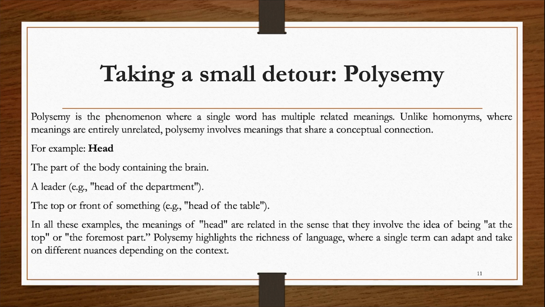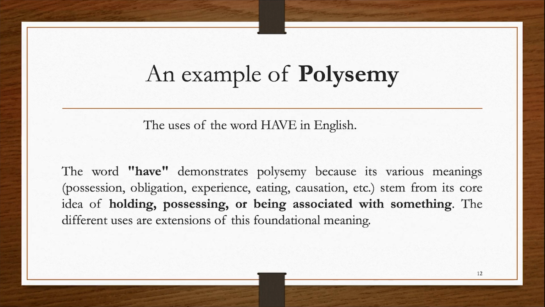And not only this, at times in the modern usage of language, we have seen some words that are massively used in different senses. One word can have very many meanings in different contexts. For example, let me give you a classic example of the helping verb have in English and how many different meanings it carries. That's a classic example of polysemy.